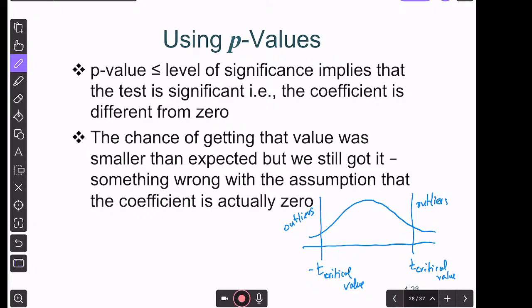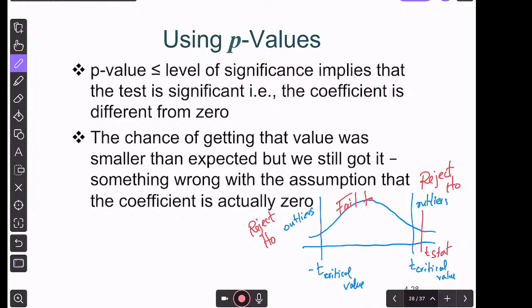And I check if my t stat, I'm going to make it red, is out there. If so, out here, if it's there, I reject the null hypothesis and say I found a relationship. Or if it's out here, I reject the null hypothesis. Here and here, I say fail to reject.